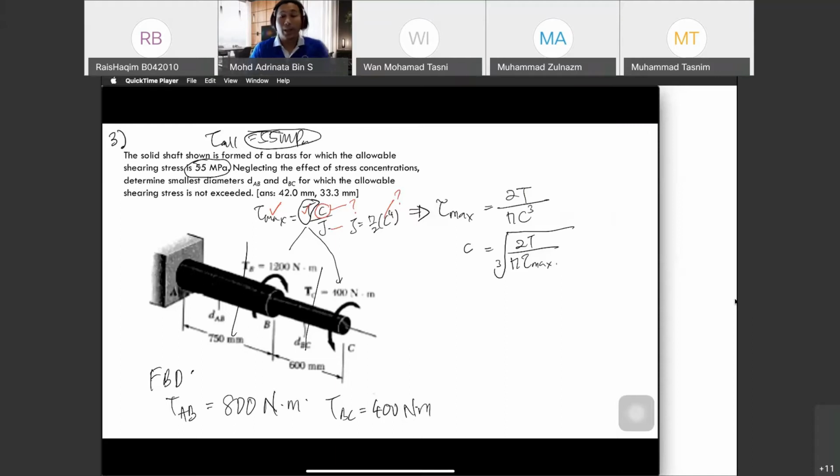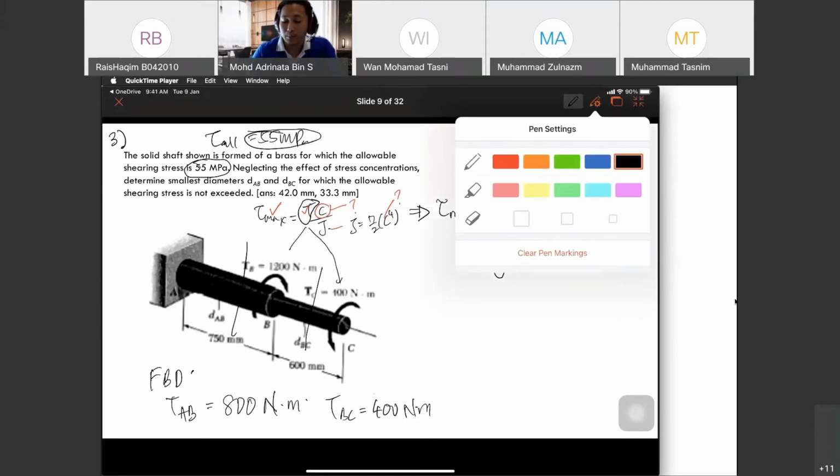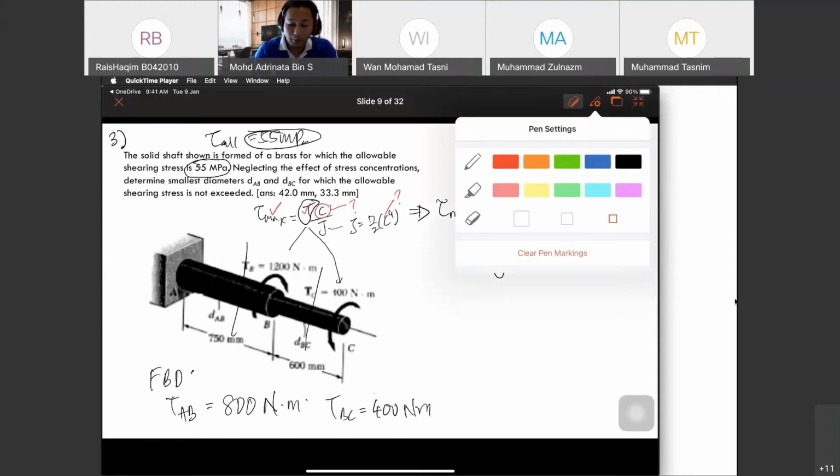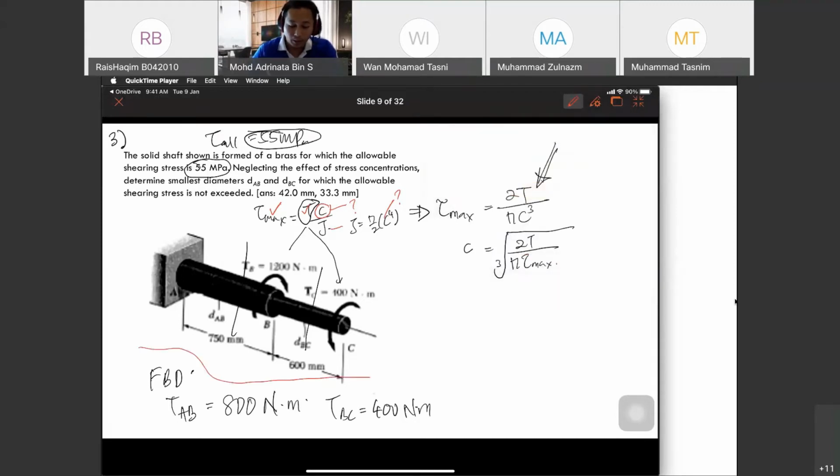Okay, ini kena faham. Kalau awak faham yang ini untuk masukkan sahaja nilai, tak dapat apa-apa. Tapi macam mana nak dapatkan ni? Ini adalah sangat bernilai.